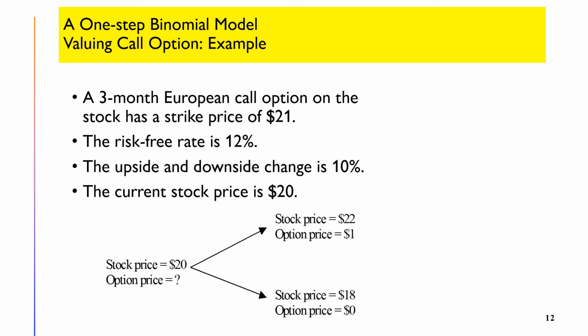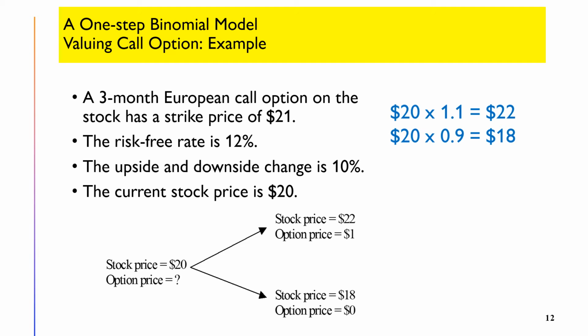With upside change of 10%, the current stock price of $20 times 1.1 will give us $22. On the other hand, with downside change of 10%, the current stock price of $20 times 0.9 will give us $18.